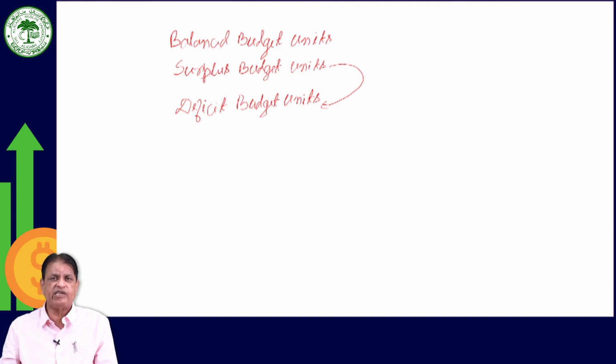So, how efficiently these funds are collected, mobilized, channelized, and allocated among the deficit budget units will determine the rate of growth of the economy. That is why this channelization is very important.